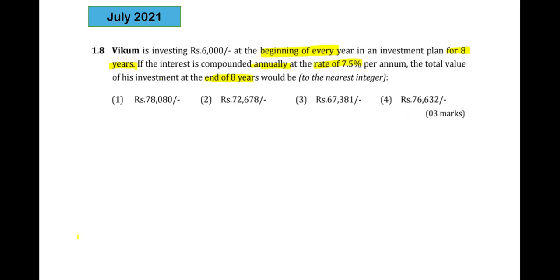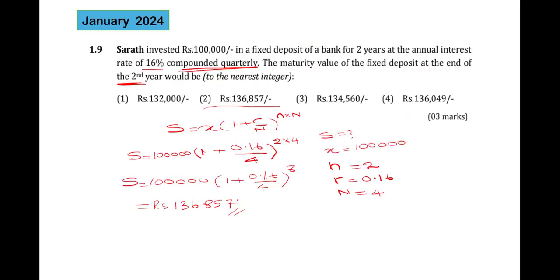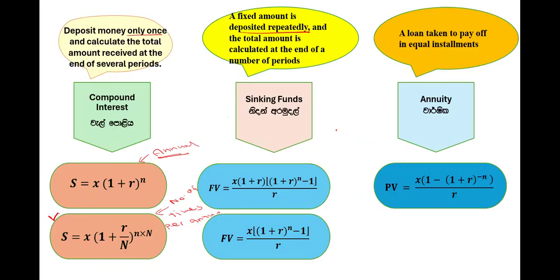Right. Now here, can we apply the earlier formula? Can we apply this one? No, we can't, for the reason that there we deposit money only once. But in this question, we deposit several times, not a single time.